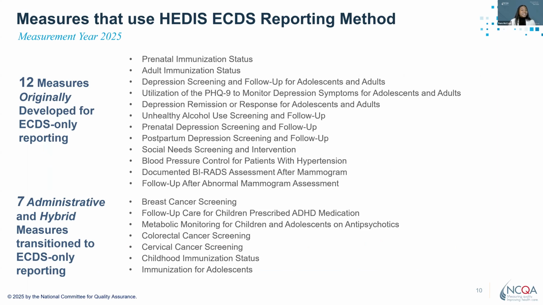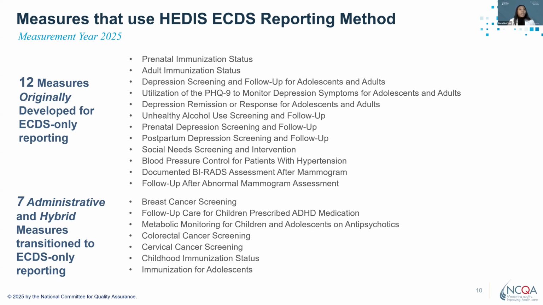And here you have the 19 measures that are currently specified for the ECDS method as of measurement year 2025. We'll talk a little bit about what's coming next. But as you see, we've actually bucketed these measures into two categories. One is measures that were developed for the ECDS method. So we have 12 measures that we introduced originally following the ECDS standards.